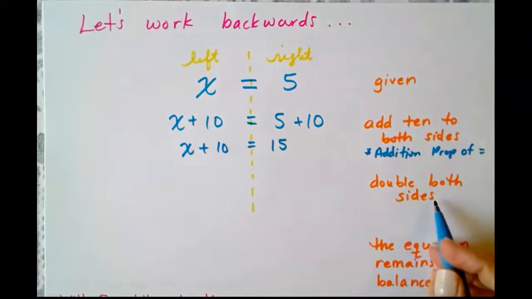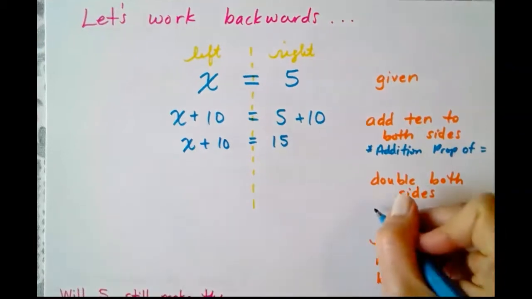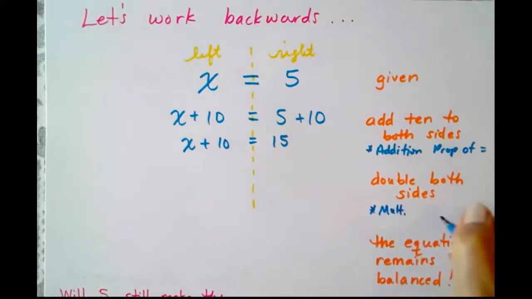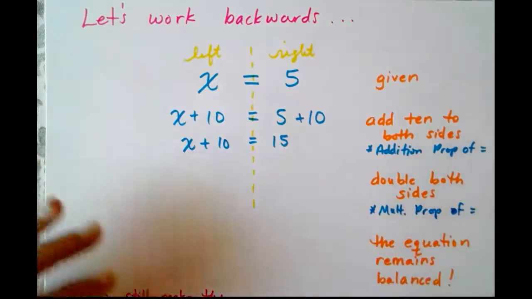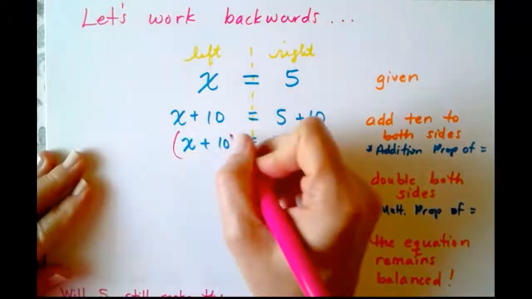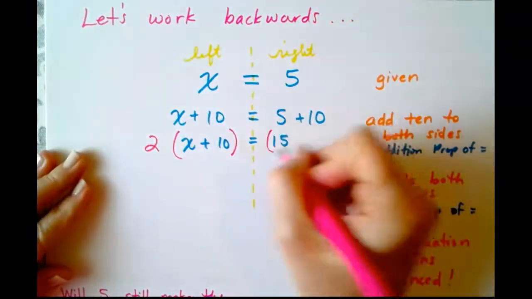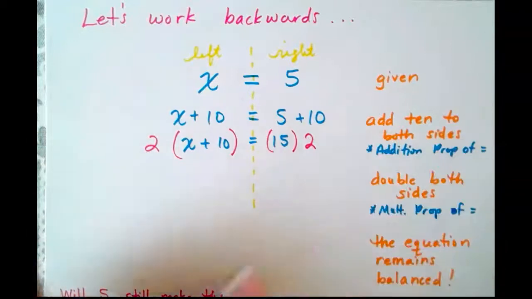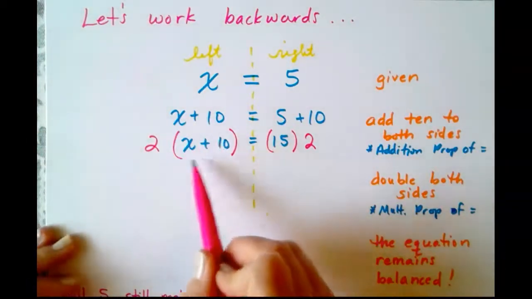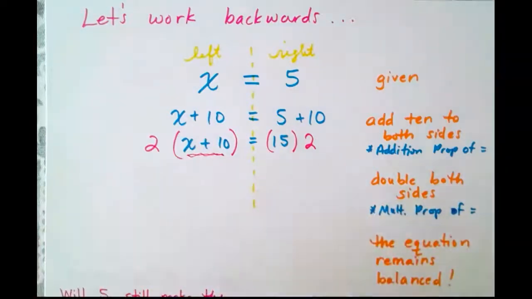Okay, what if I want to double both sides? I'm allowed to double both sides because of the multiplication property of equality. So I'll do that in pink so you can see what's happening. Times 2, times 2. Now notice I'm not just doubling the x, I'm not just doubling the 10, I'm doubling the entire left side.